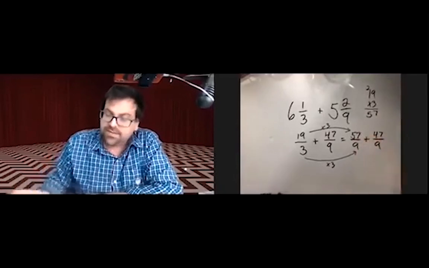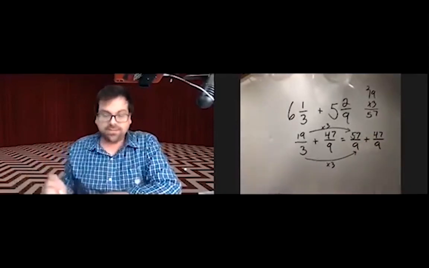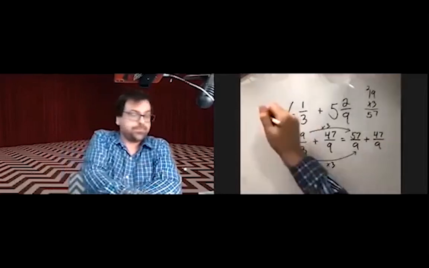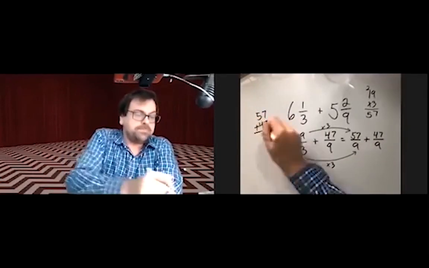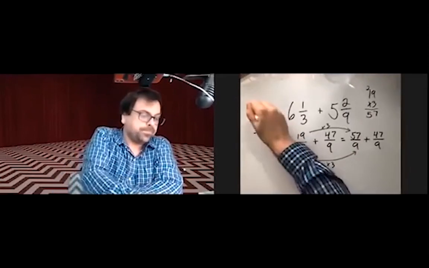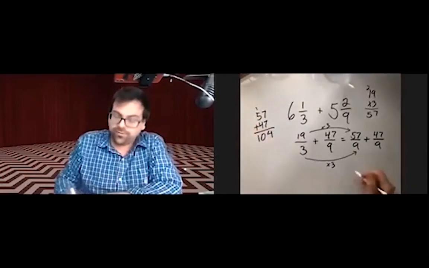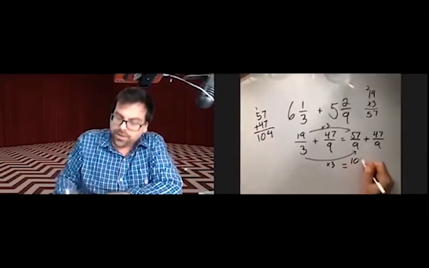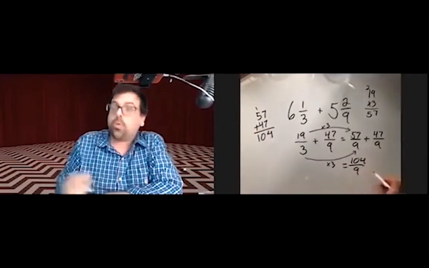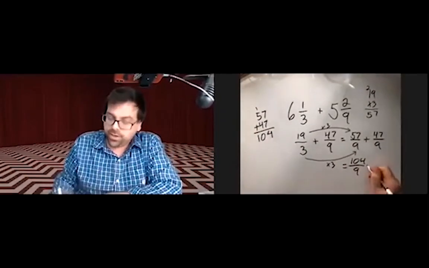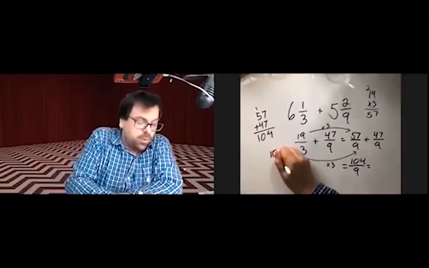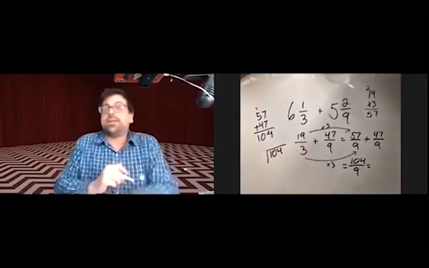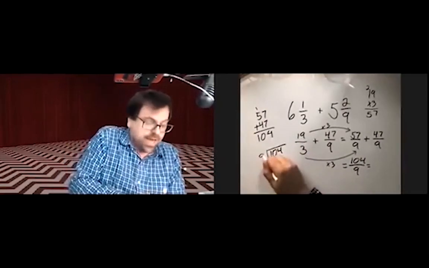So this is 57/9 plus 47/9. 57 plus 47 is 104. So our answer so far is 104/9, and we're going to change this back to a mixed number by dividing. 104 divided by 9.